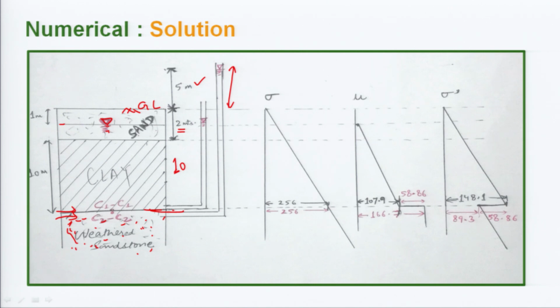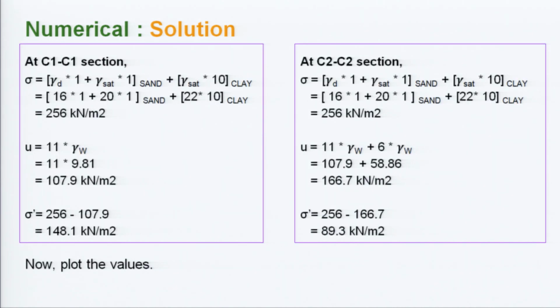Now, considering this, we will be taking the different stresses which are being exerted there. C1 is the bottom of the clay layer, and C2 is the top of the sandstone layer.